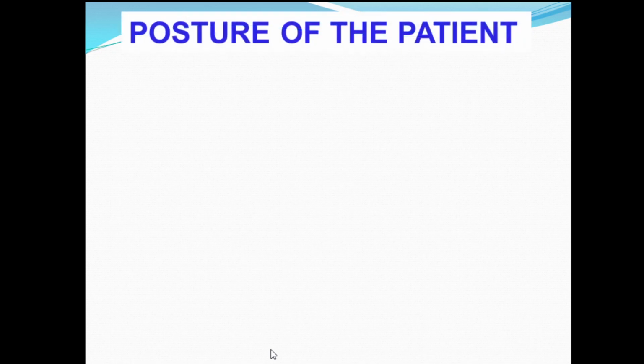The next step of our inspection is assessment of the posture of the patient, or his position in bed. I'll pay attention: the posture of the patient or his position in bed depends on the ability of the patient to move independently. We distinguish active posture, when the patient can independently do any movement.